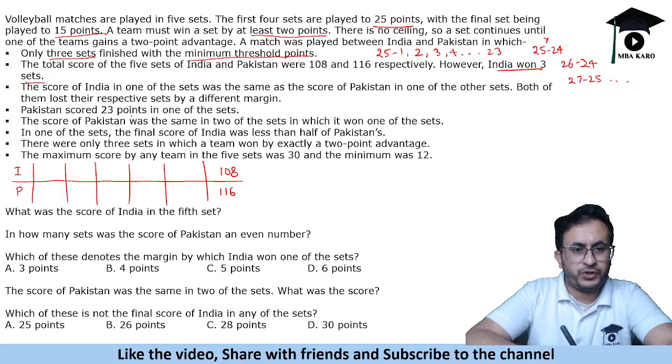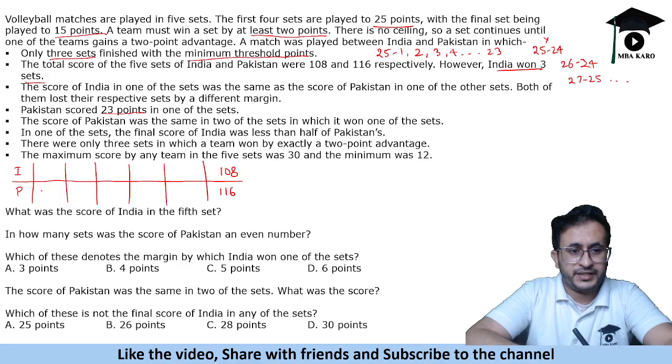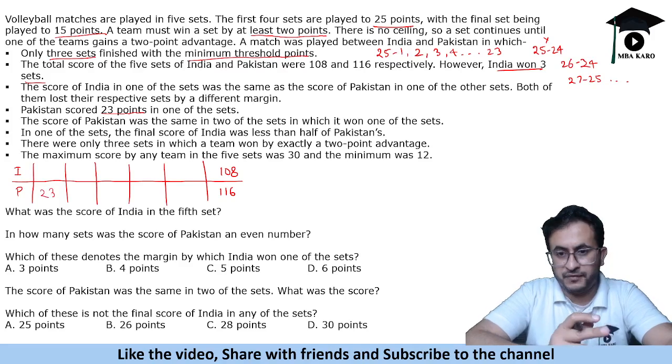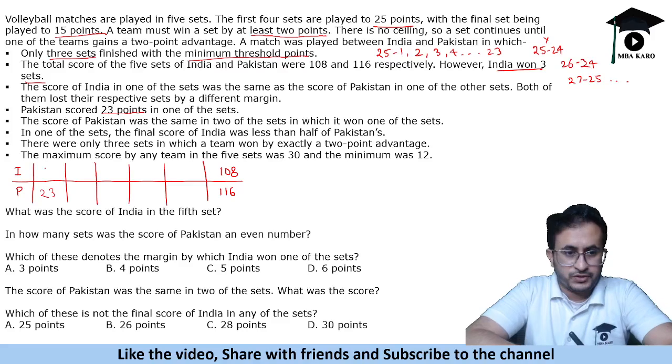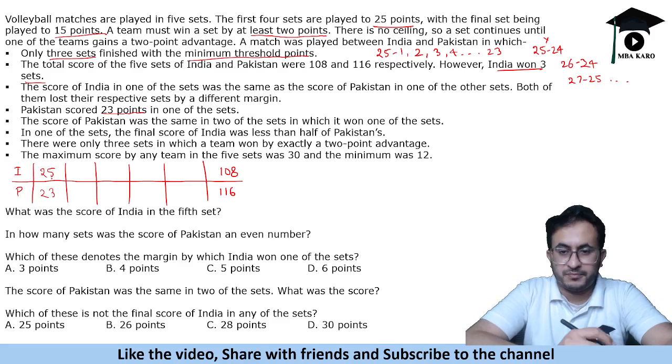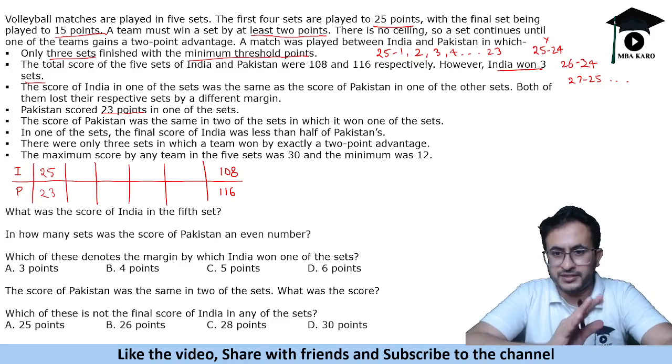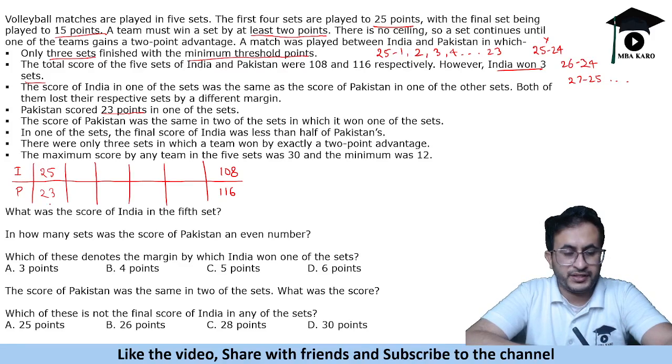Then Pakistan scored 23 points in one of the sets. Now if it scores 23 in a normal set, then India must have scored 25, because you cannot win with 23 points. Either you win at 15 or you win at 25. So if Pakistan scored 23 here, India must have scored 25.